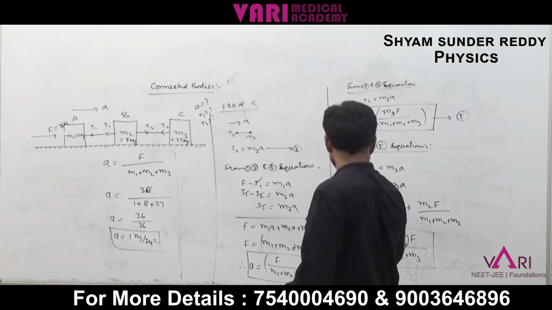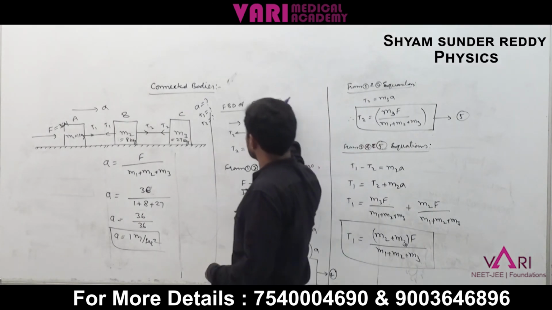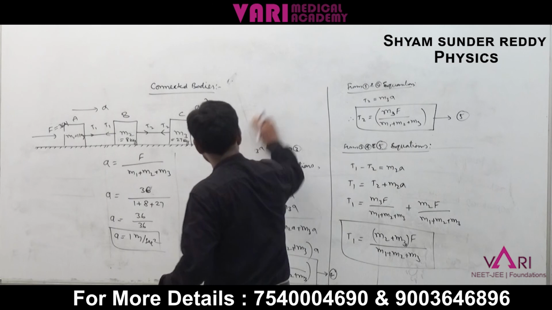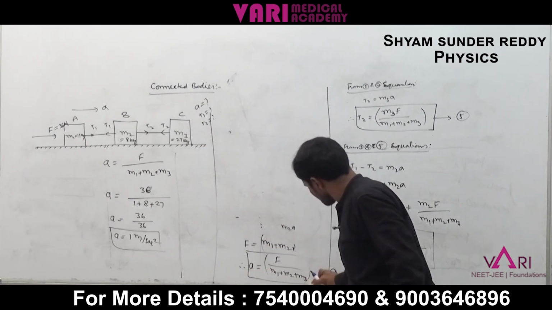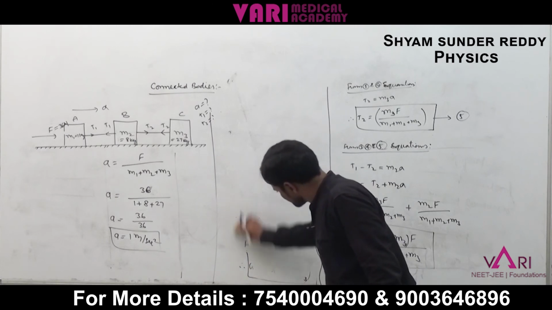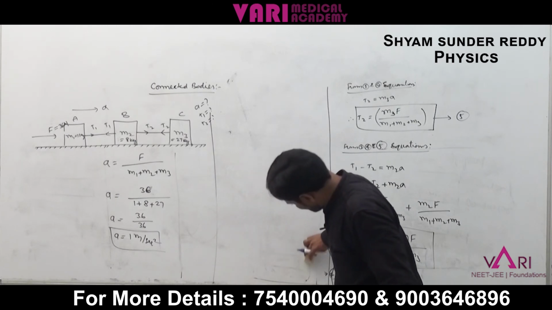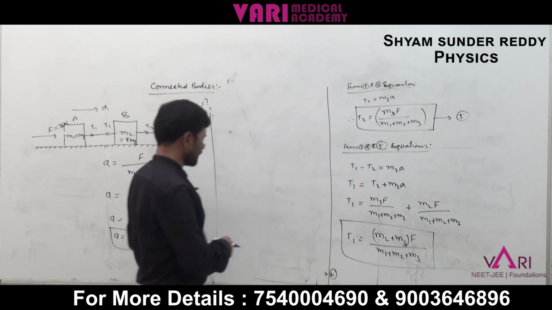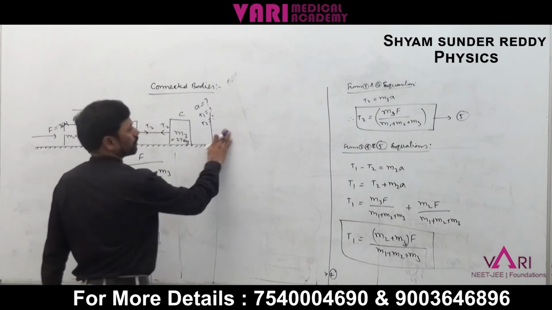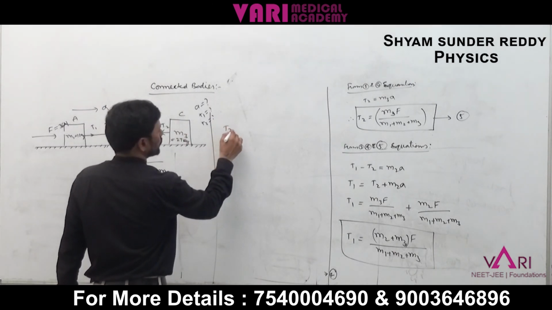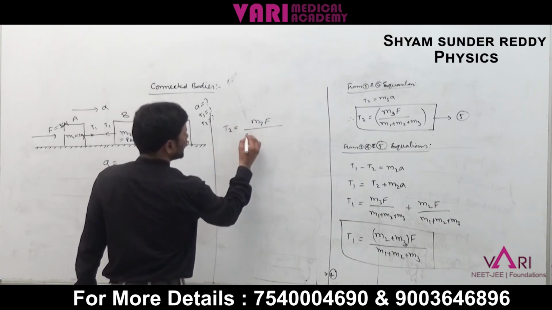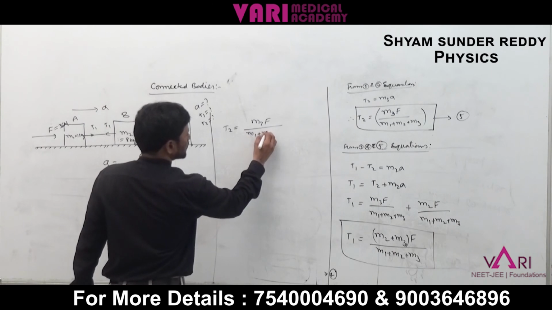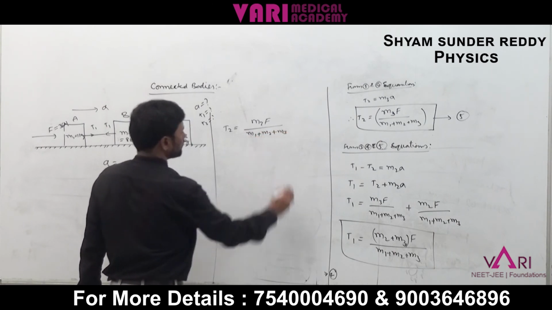Next we want the T1 and T2 values. See that T2 is equal to M3F by M1 plus M2 plus M3.